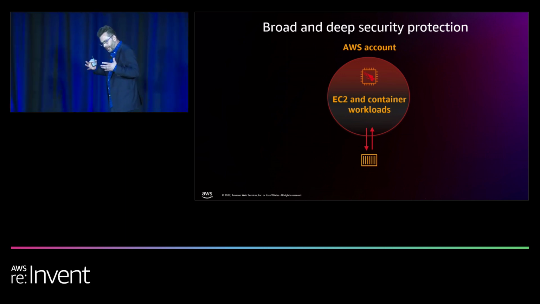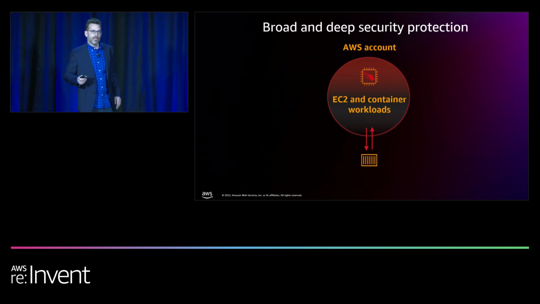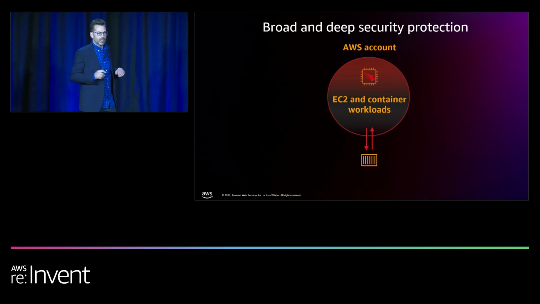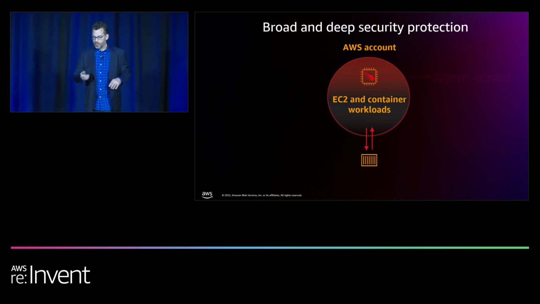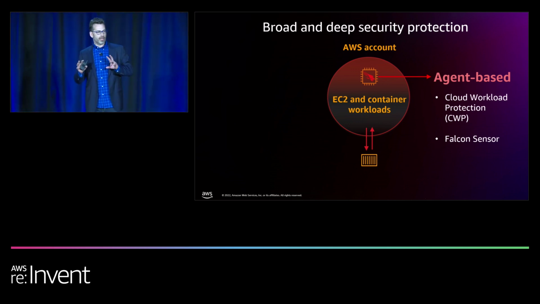So in the cloud environment, as we said, it's a complex environment. And one approach won't handle all of it. Your cloud assets can be quite sprawling. So we really focus on a broad and deep security strategy. The agent-based protection provides deep kernel-level visibility in your workloads.